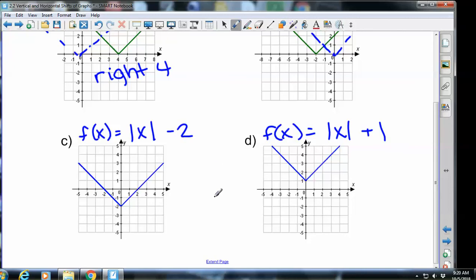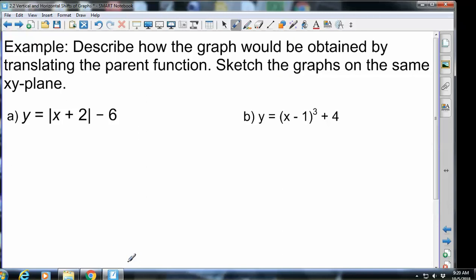I'm going to give you some problems. We are going to find our transformations as well as give domains and ranges, just for some practice. You can have more than one transformation in a problem.